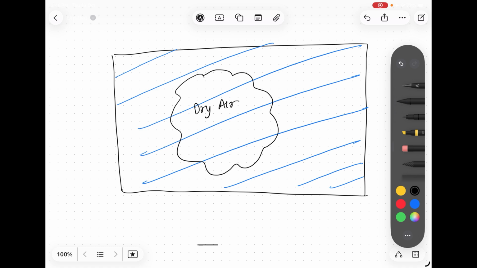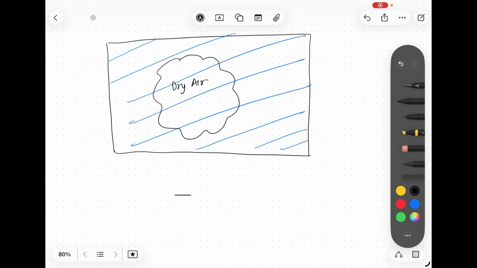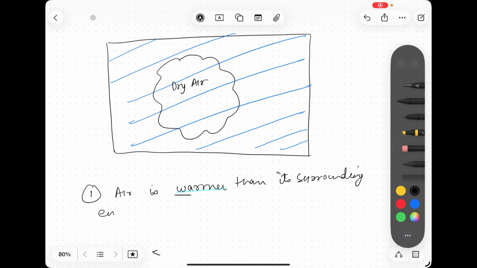One thing to understand before we go further is that when the air is warmer than its surrounding environment, it is less dense and rises.